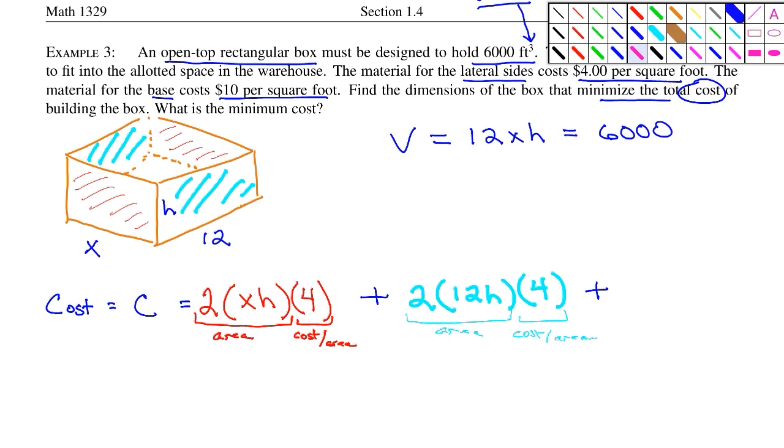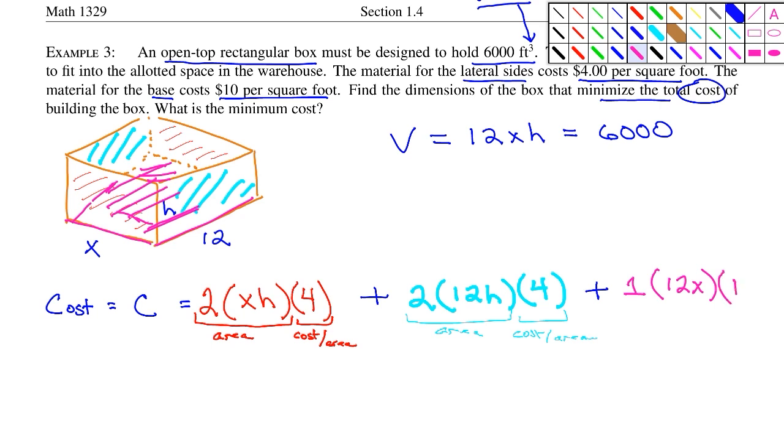And then lastly, we have the base down here. I'm gonna draw in a little more base so you can see it. I guess it goes all the way here. So the base is down here like that. And that base, well, there's only one of those. The area of that base is 12x, because it's a 12 by x down here on the bottom.